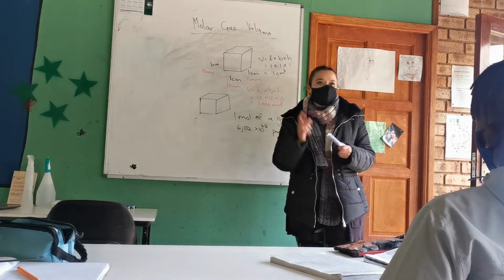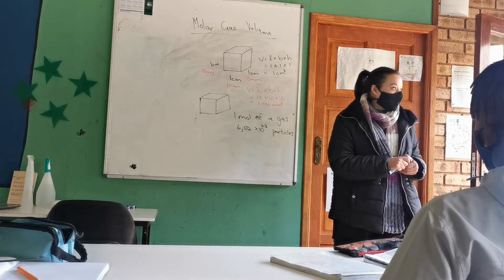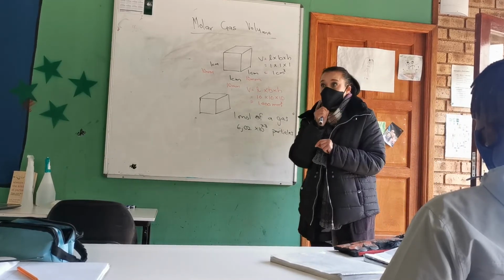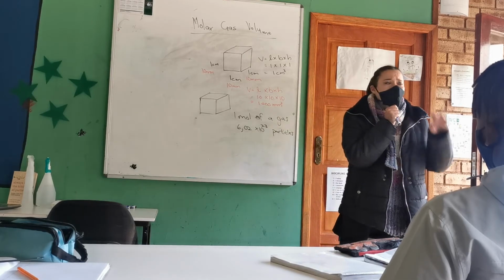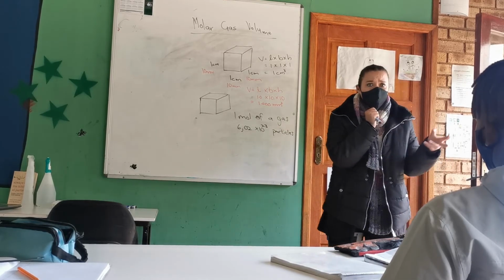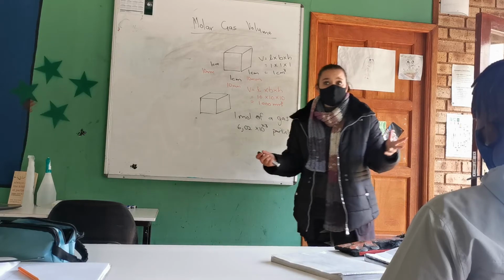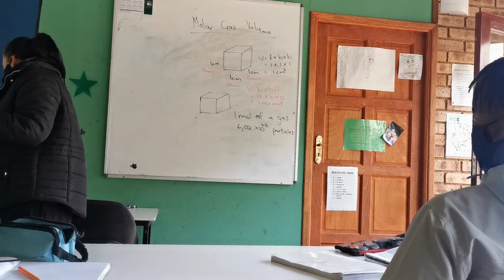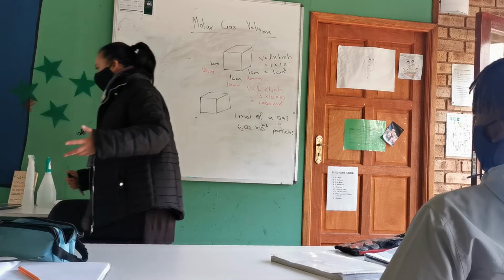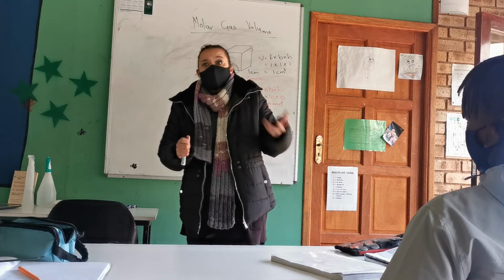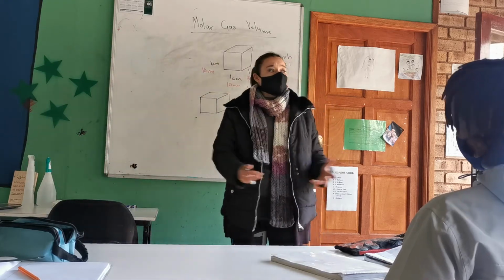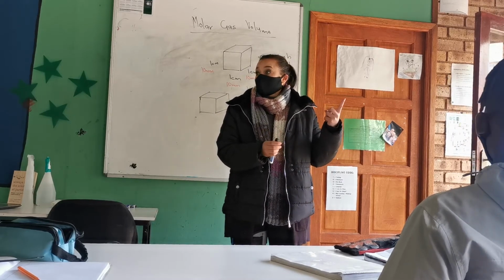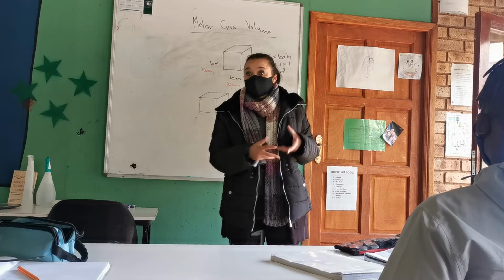But there's something else I know about the sample of gas which is really cool. 1 mole of any gas always occupies the same amount of space. It always has the same volume, which is actually something that we're not very happy about, but it's because of a couple of different factors.